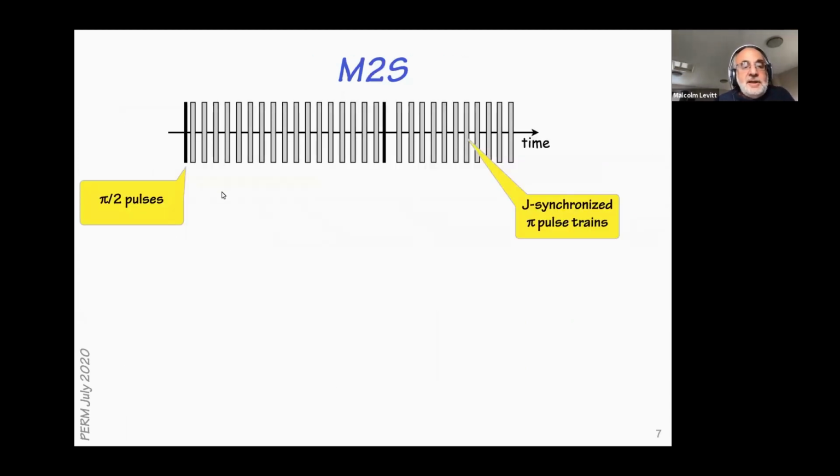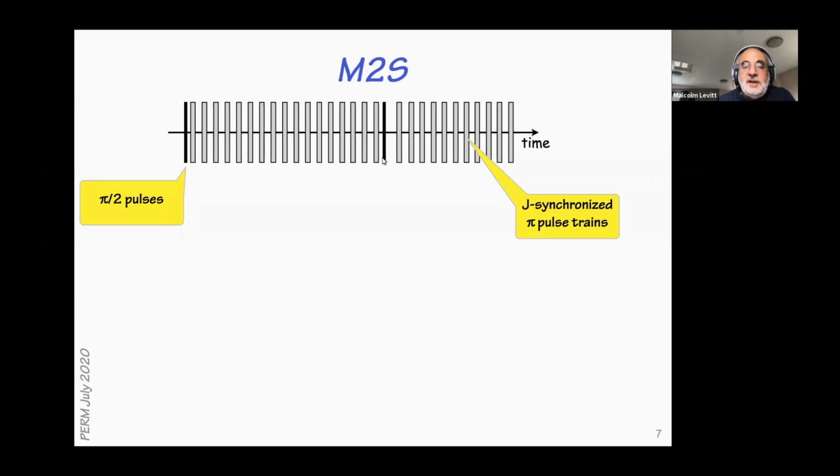The M2S method actually involves a set of spin echo trains involving pi pulses, where the timing is matched to a coupling in the system for a single pair of slightly inequivalent spin-1/2. Then the frequency of this repetition matches the J coupling between the spins.